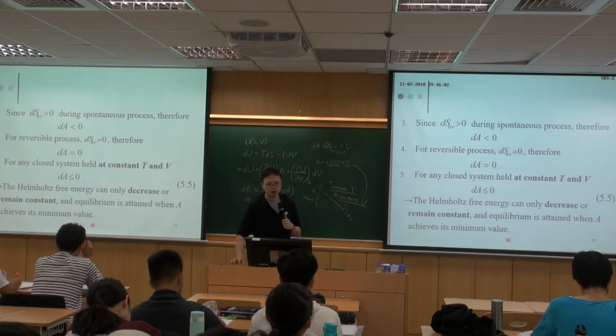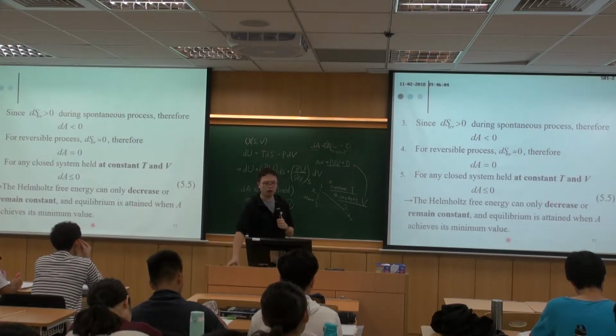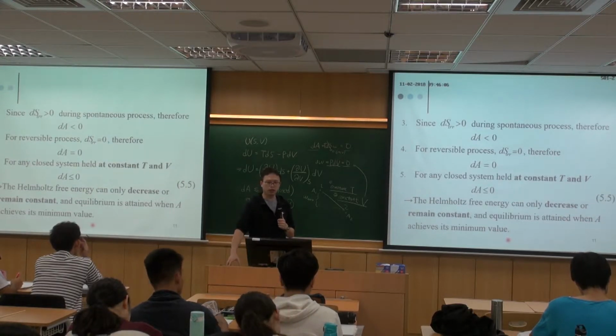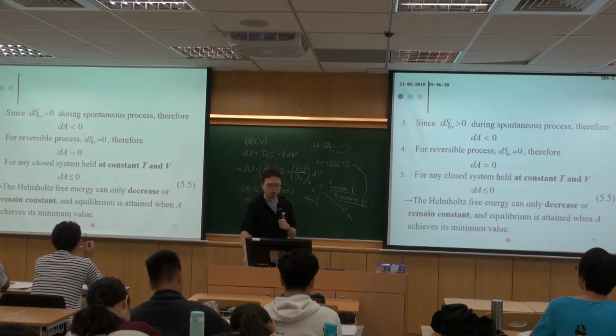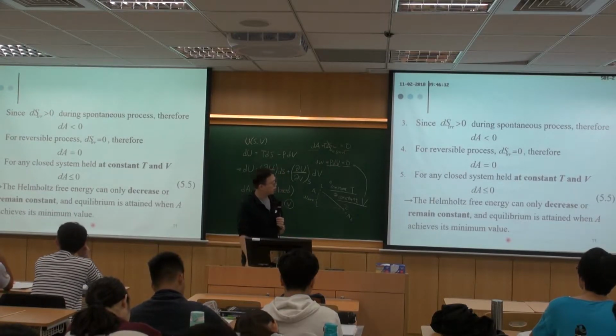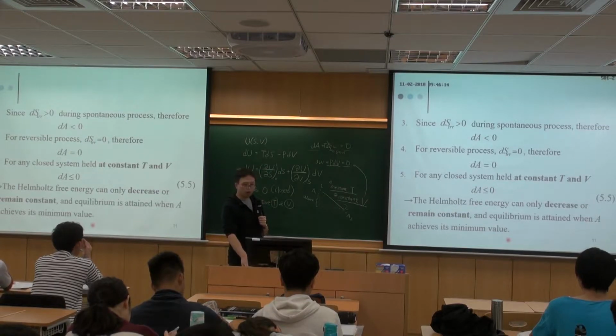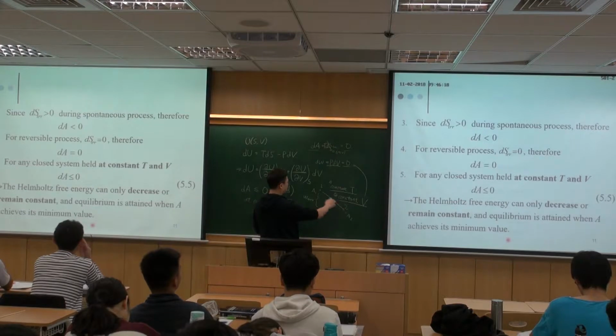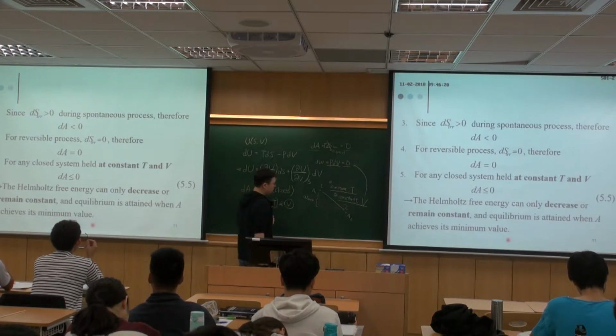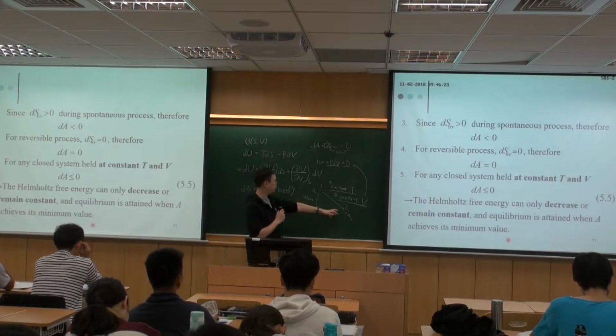And therefore, the Helmholtz free energy can only decrease or remain constant. And the equilibrium is reached when the Helmholtz free energy achieves its minimum value. So if we look at this plot over here, we have a decrease of, say, Helmholtz free energy.